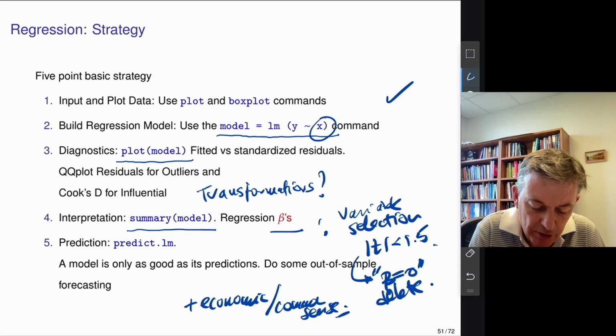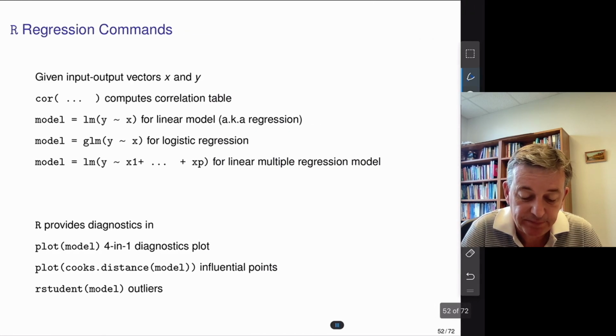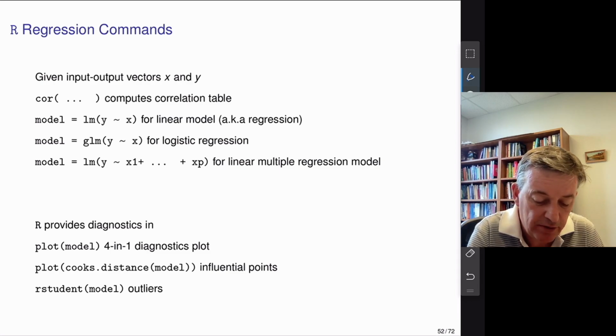Doing too much of that can lead to a bunch of biases. And of course, the whole goal at the end of the day, just like our house price Zillow examples, is to come up with predictions. I've got a sequence of new x's. What's my predicted new y? Here's a summary of the key R commands that you would need to know: correlation, linear model.